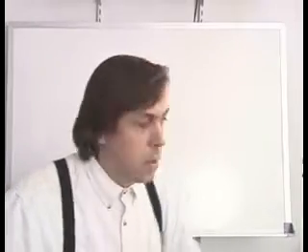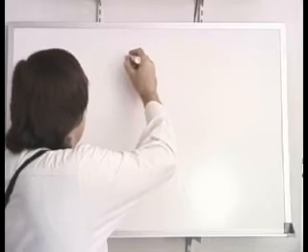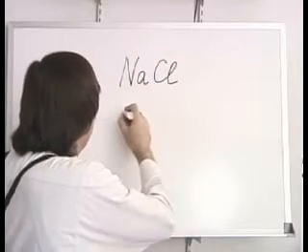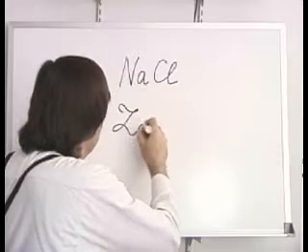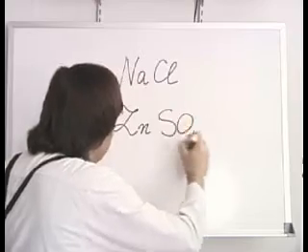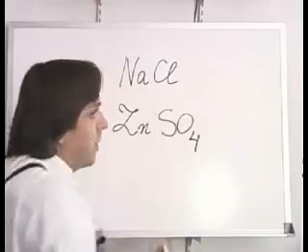The binary electrolytes can be univalent, such as sodium chloride, or bivalent, such as zinc sulfate, when both ions are of second valency.